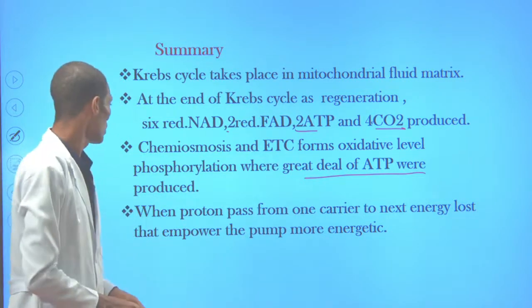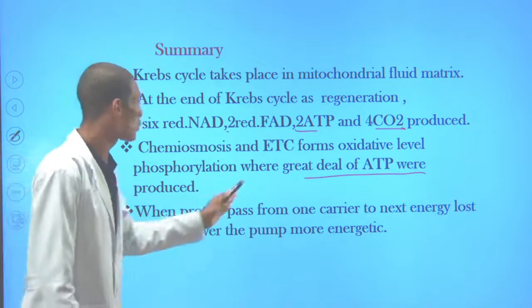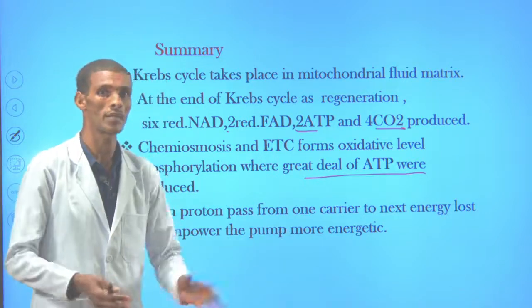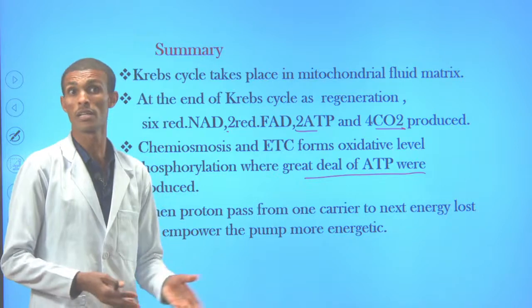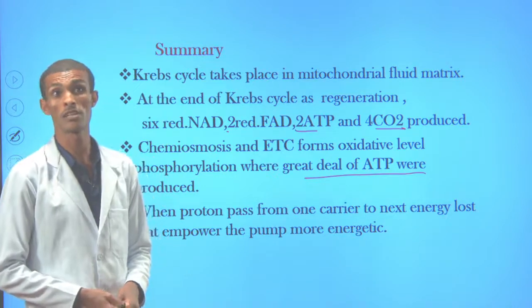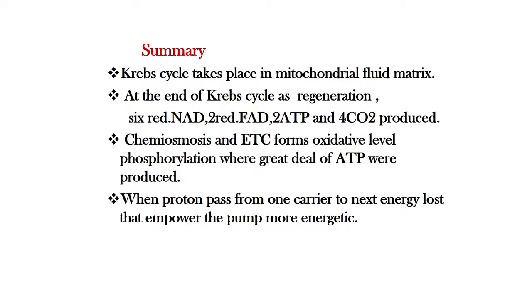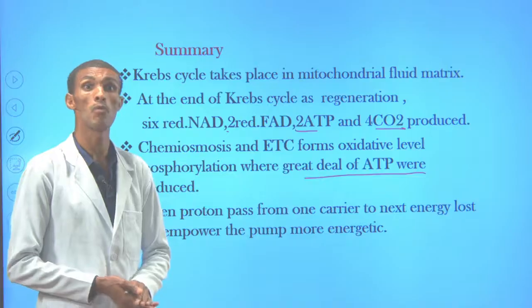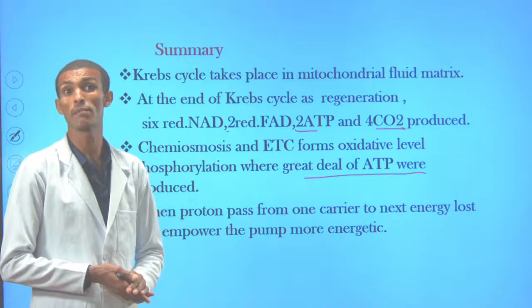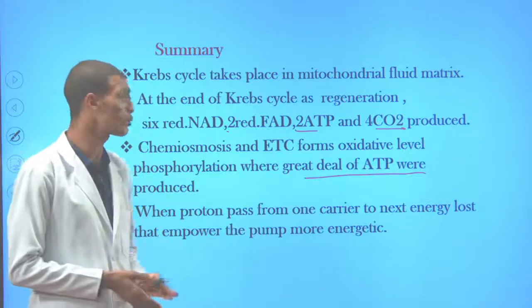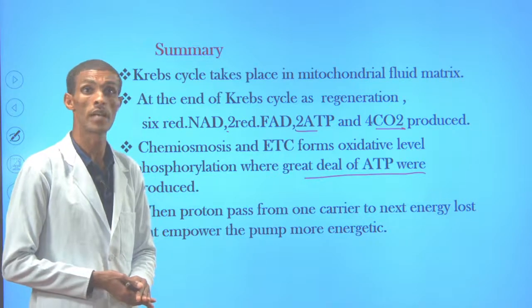And again, we have seen when electrons jump from one carrier to another, they lose energy. The energy lost is very important, empowering the proton pump and making the process accumulate protons in the mitochondrial inner membrane.